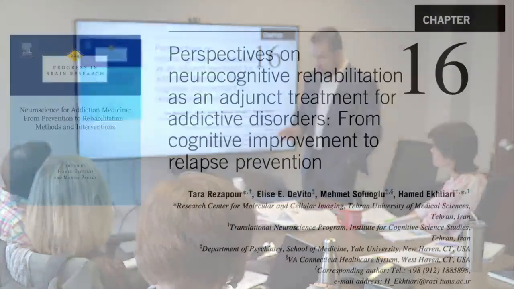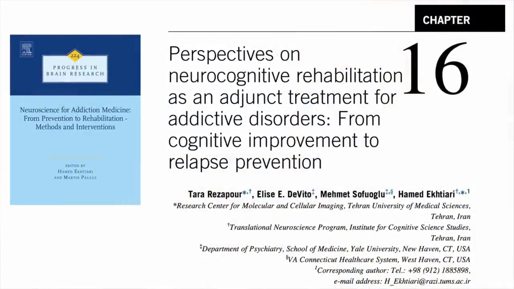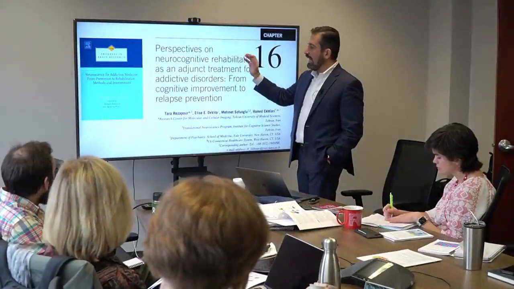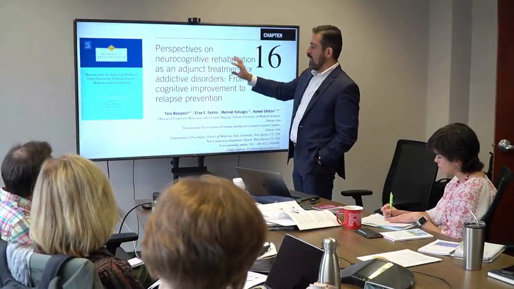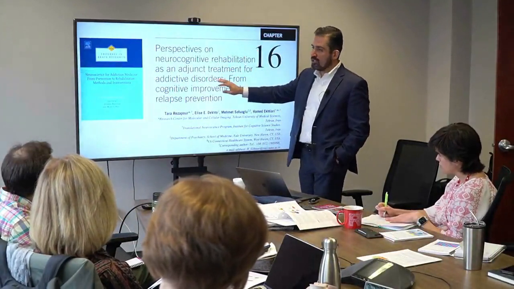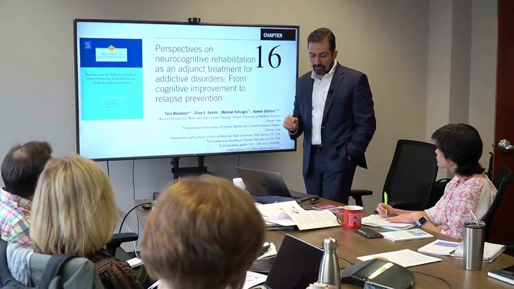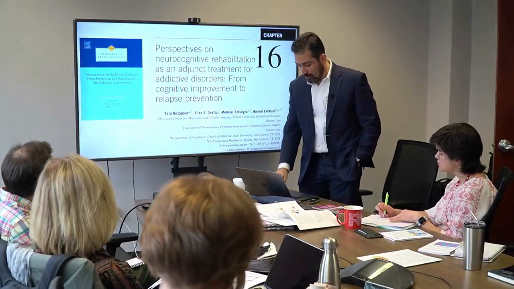Those who are interested to learn more about what we do for cognitive rehabilitation, there are some other materials in terms of how we add neurocognitive rehabilitation as an adjunct treatment for addiction and addictive disorders to help them in the process of recovery.